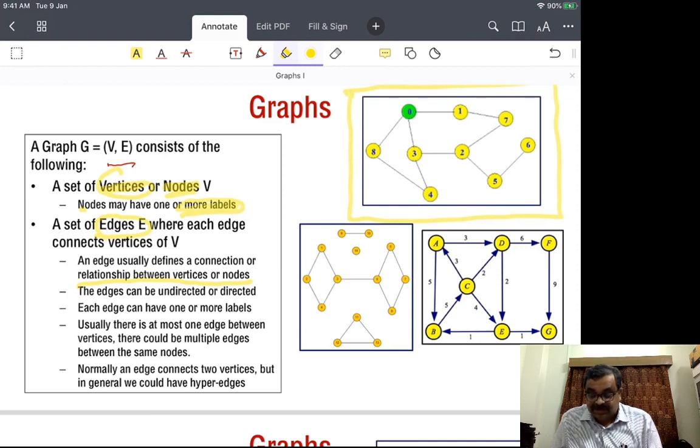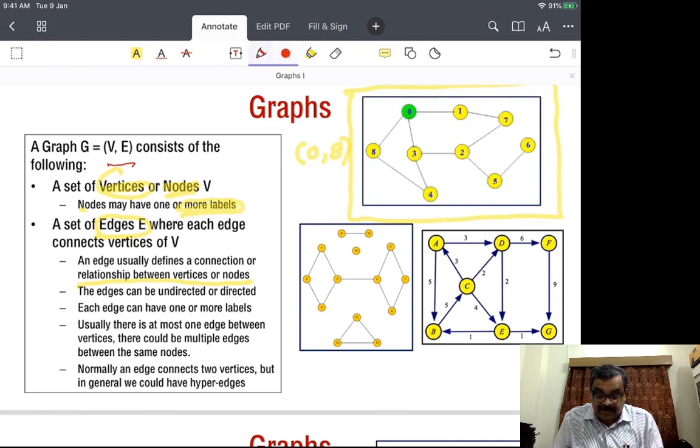Typically in a graph, vertices are drawn using circles, and the node number or the node name is given inside the vertex. An edge is a connection between two vertices. For example, this edge is called the edge 0, 8.